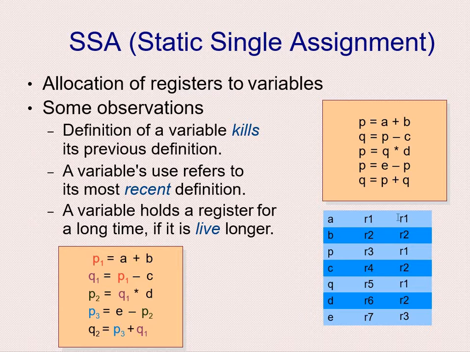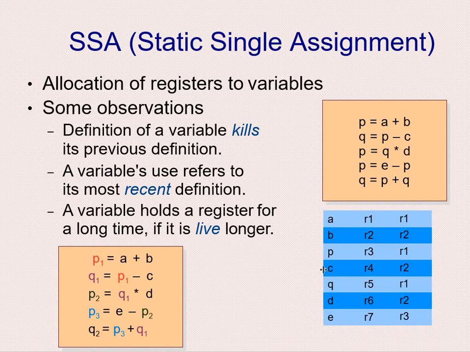So here if we are taking a as r1, means the r1 register we are taking for the a variable, r2 we are taking for the b variable, and if we are taking the same register r1 for p, so that we can store this value p. Okay, so here r2 we are taking, because r1 minus r2 we are going to take, and this one will come in r1.